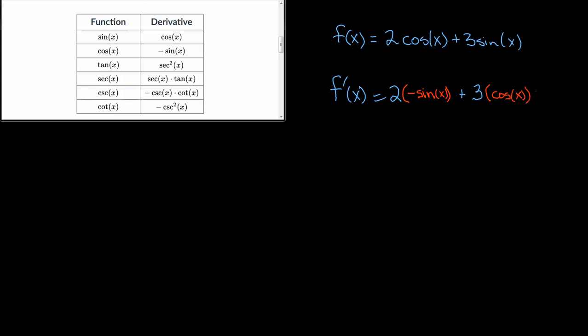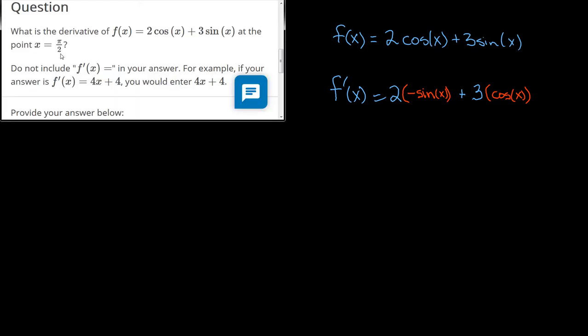All right, so there's our derivative, but we're not quite done with the problem yet, because it wants to know what the derivative is at the point where x is equal to pi over 2. So there's one more step: we need to put pi over 2 into this derivative function.